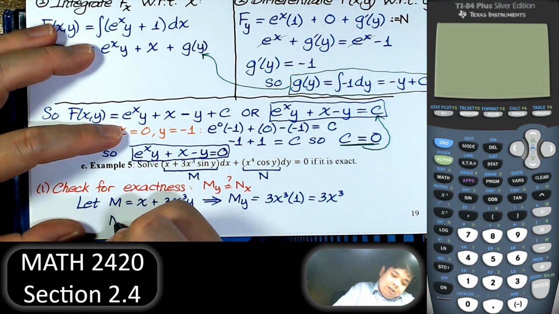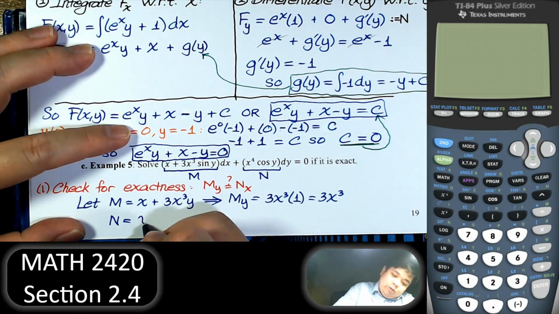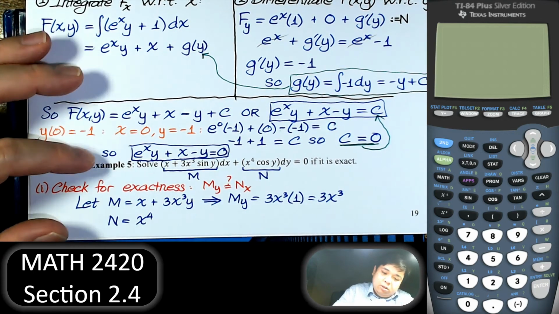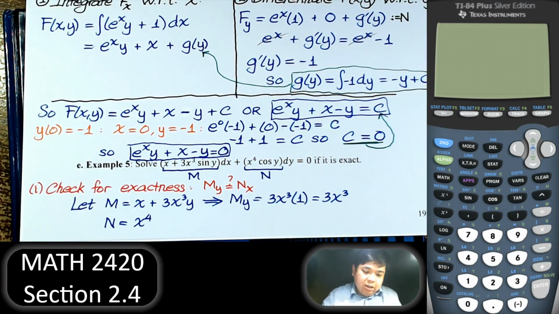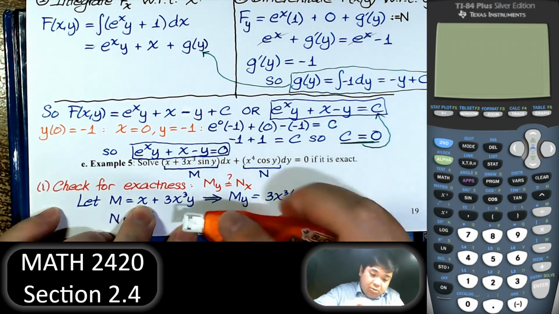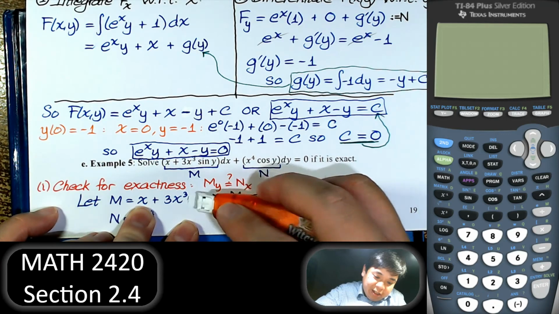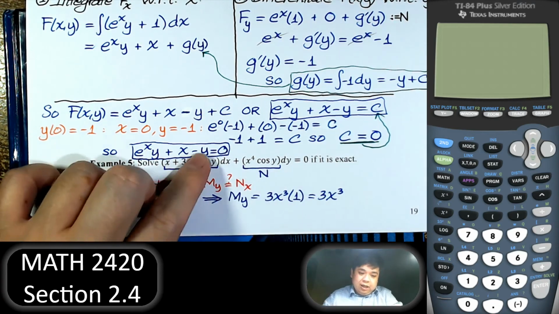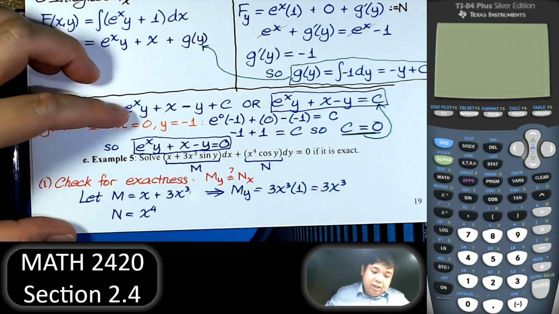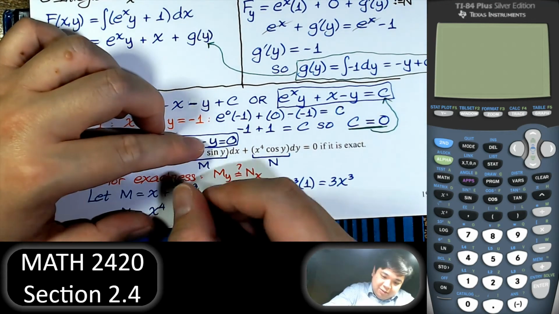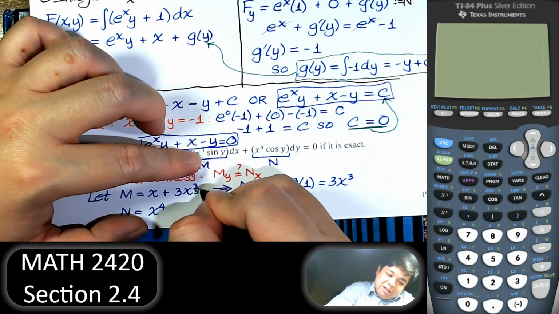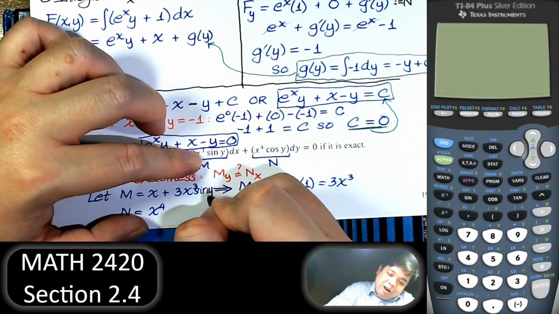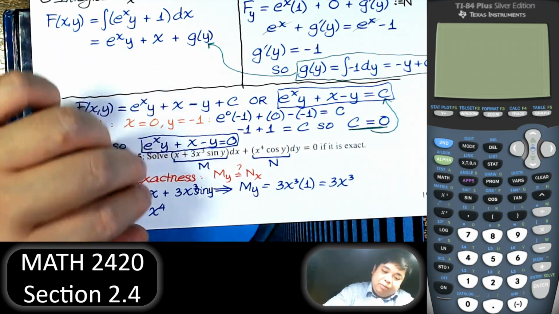Now n equal to x to the 4th sine y. I forgot that there's a trig function here.